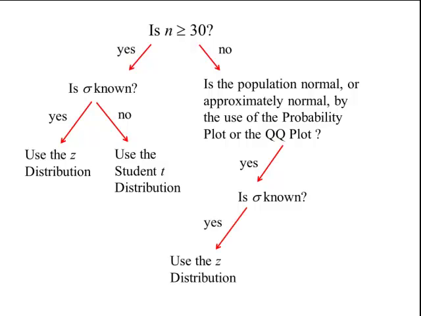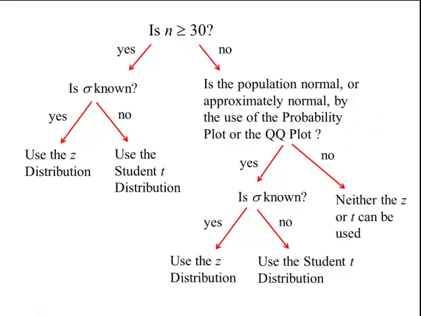If it's yes, you use the Z distribution. If it's no, you use the T distribution. What if the probability plot or the QQ plot is not satisfied? Then we can't use a Z or a T.